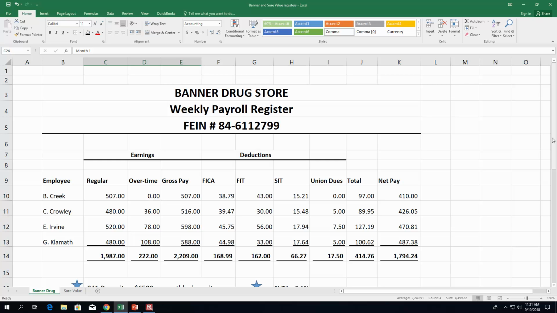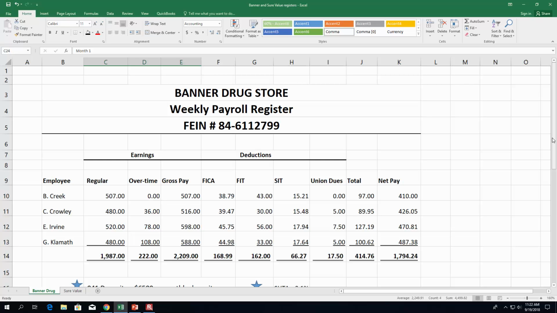So how many times a quarter is payroll cut if you pay weekly? How many times? So the answer is 12 or 13.